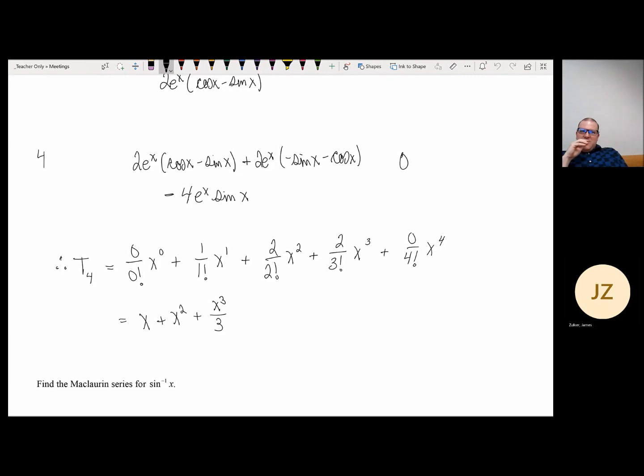What is the derivative of inverse sine? If I had to guess, 1 over the square root of 1 minus x squared.